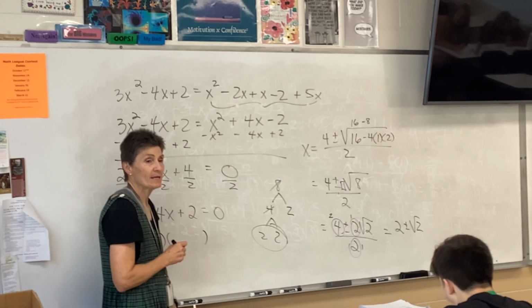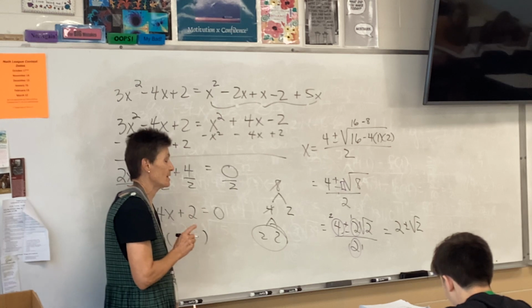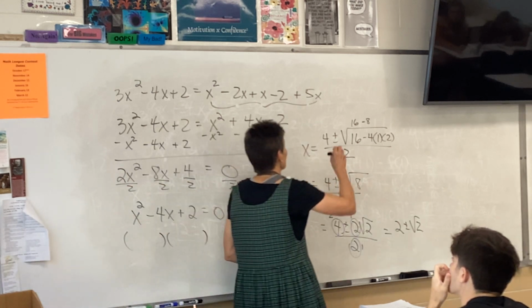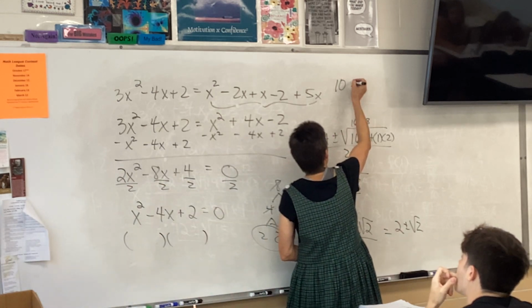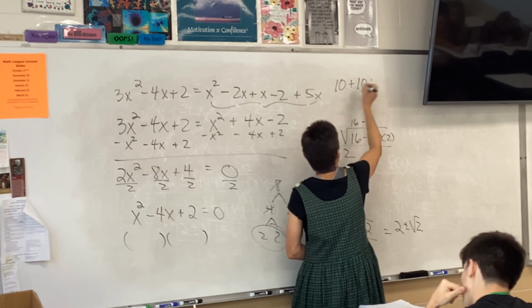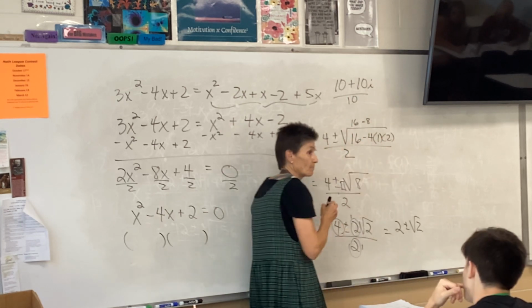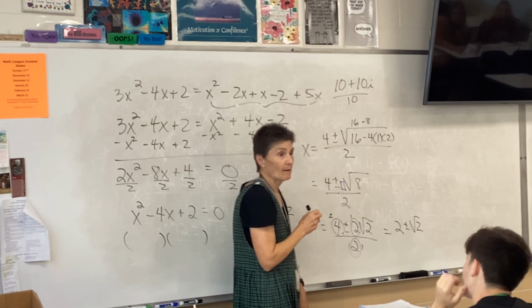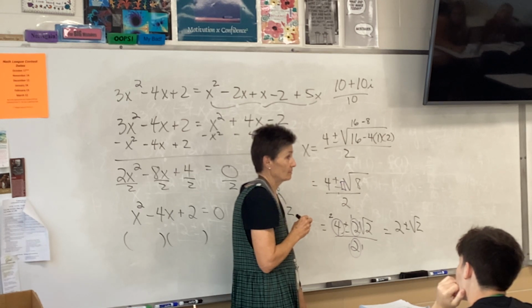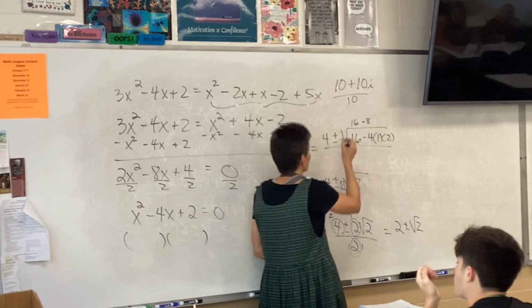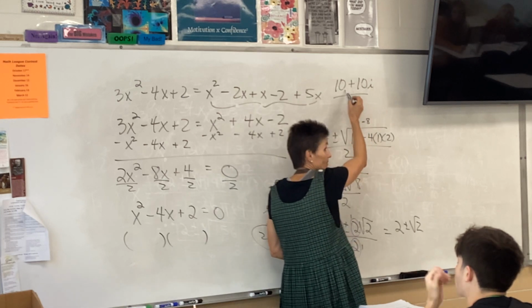That exact thing, or not exactly, but close to that, happened on your test. Some of the tests had a problem that came out like this, I think. Now, how would that cancel? See this right here?